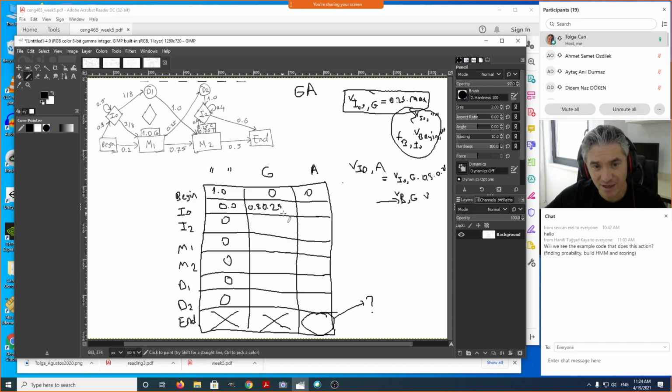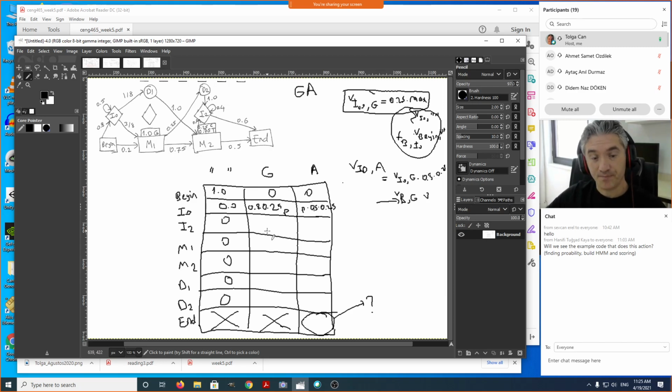Whatever this value is, let's call it P. I multiply P with 0.5, the transition probability from I0 to I0, and then the emission probability of A in I0. So this becomes the best path that ends at I0. So I filled in the first row.